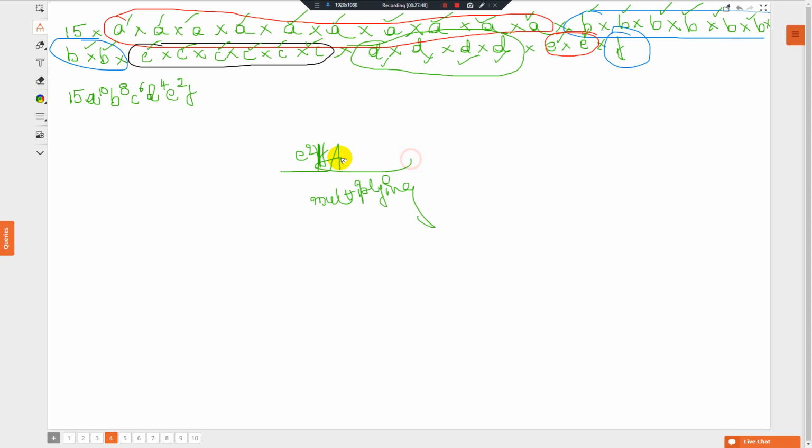By that we understand that we are multiplying in between them. So when there is only one literal, we are gonna write 1 here. If there's no literal, that means only that number is multiplied, not another number. Only this number is multiplied. That's the meaning.